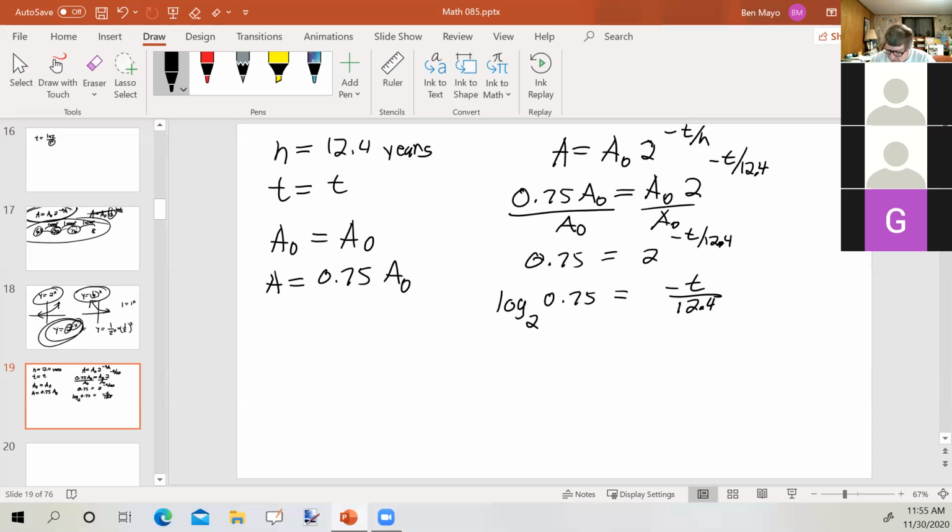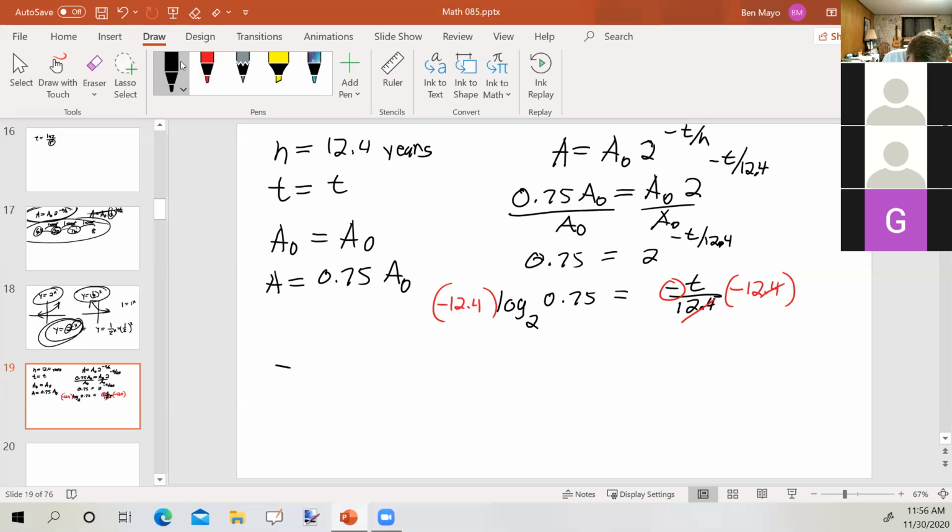Yes. Good. To solve for T, I'm going to multiply both sides by negative 12.4. Why negative? Because I've got to get rid of that negative in front of the T. So negative times negative is positive, and the 12.4s will reduce out.